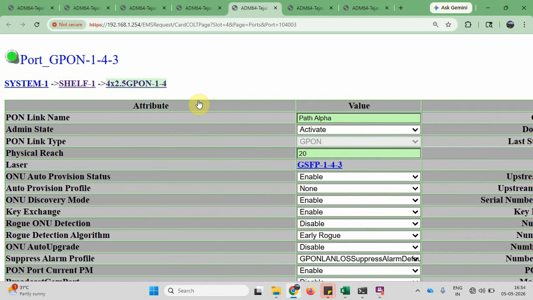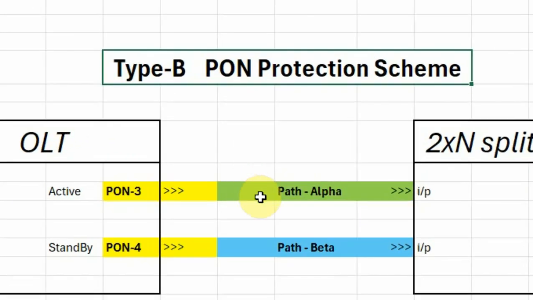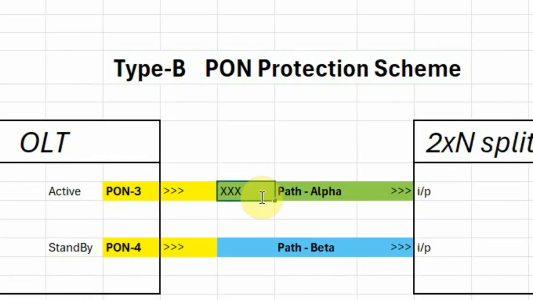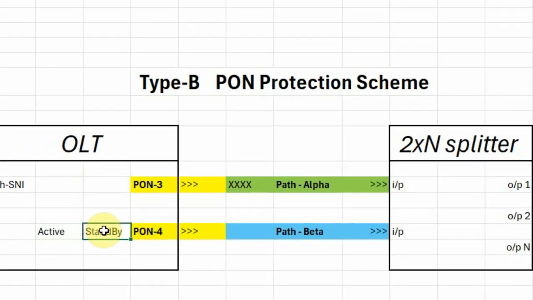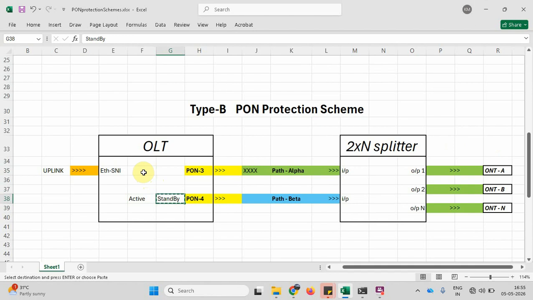Now let's create a fiber cut scenario on port number 3. The moment we create a fiber cut, we expect that the active status immediately shifts to the port 4 and the port number 3 becomes the standby port. All traffic will begin to flow on PON 4.